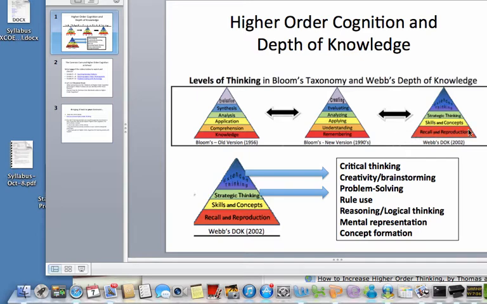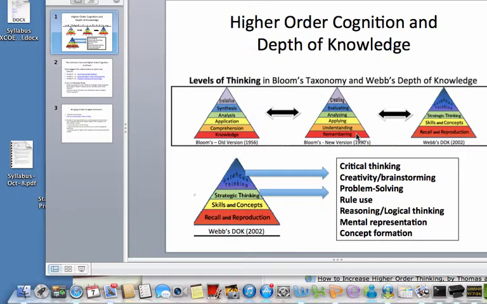And if we think about it, this bottom layer, recall and reproduction, is quite similar to remembering, but it's also somewhat distinct. Remembering might be closer to recall. You could make an argument for reproduction connecting to remembering, but you could also make an argument for reproduction being entirely distinct from remembering.